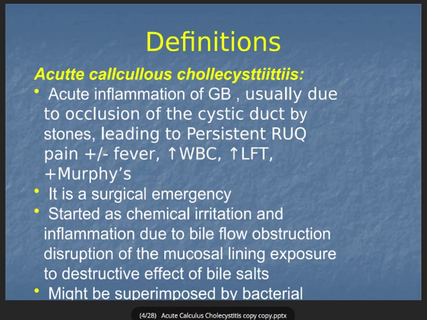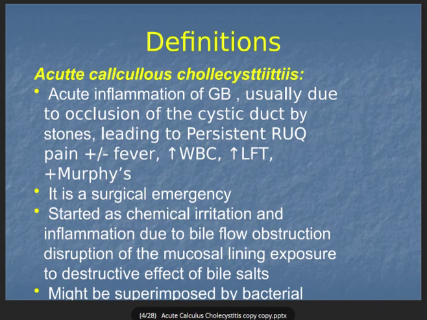So this blockage means the gallbladder will contract against it, and this is when pain starts to happen. Like in pancreatitis, backflow of the bile into the gallbladder will start to cause injury to the lining mucosa, and this will cause the inflammation.